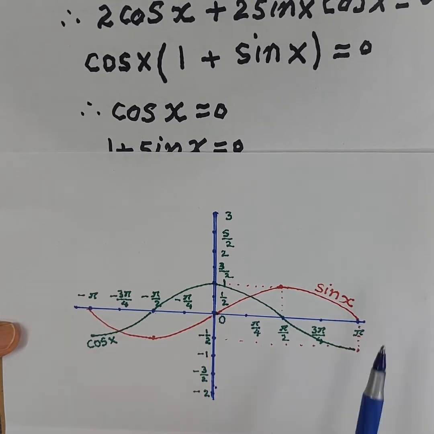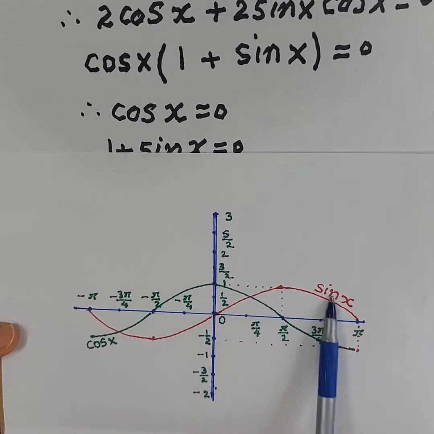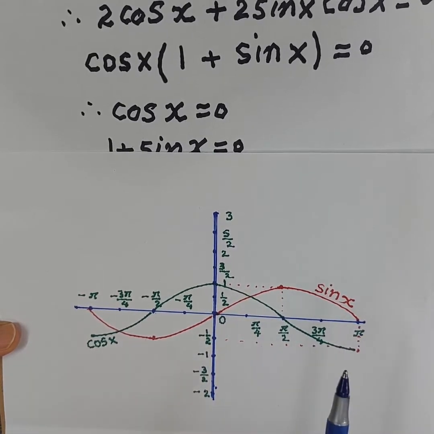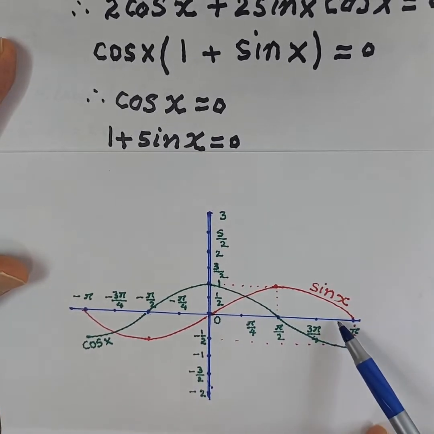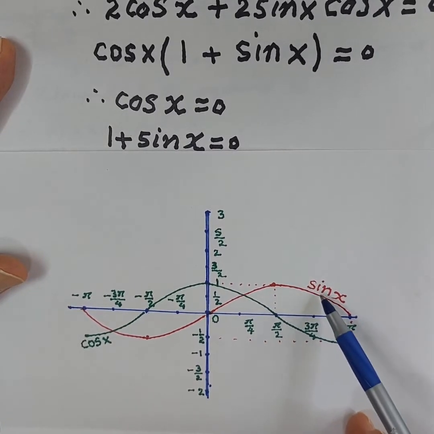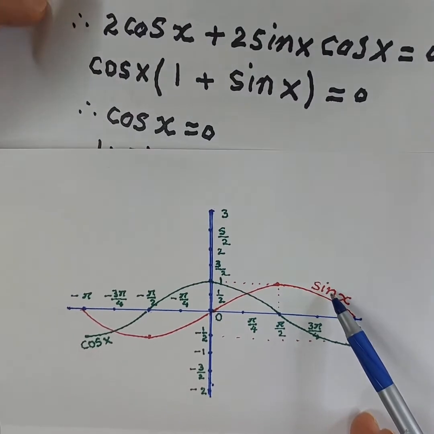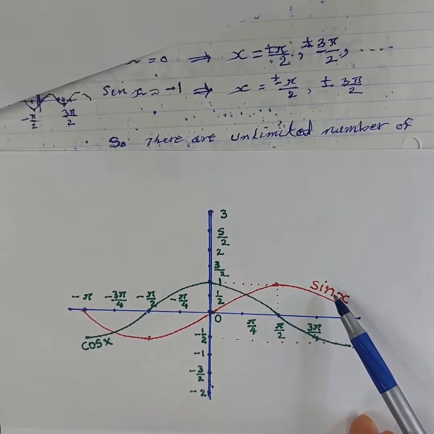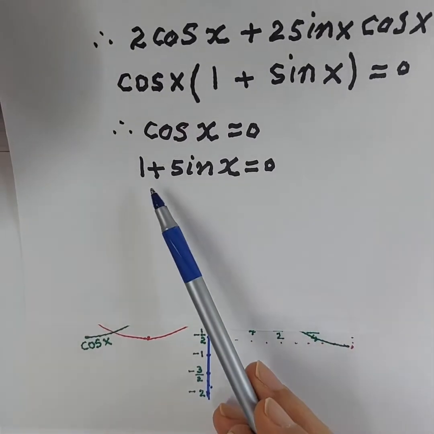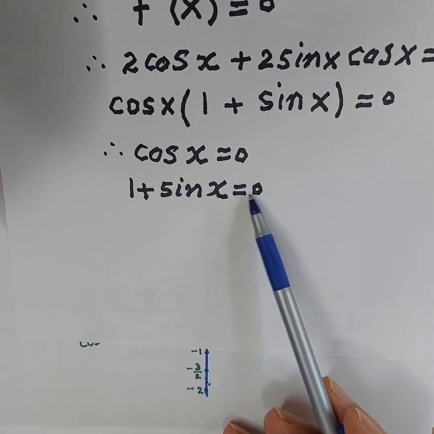Now when we look at the red graph, which refers to sine x, we don't need to study only sine x, but we need to study 1 plus sine x. The equation here says 1 plus sine x is equal to 0.